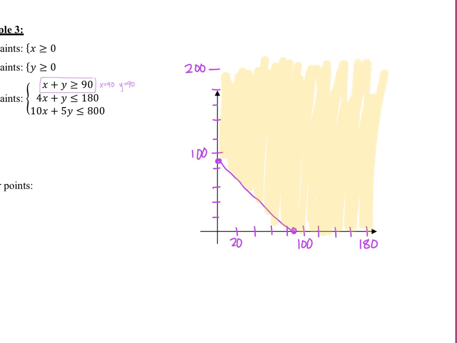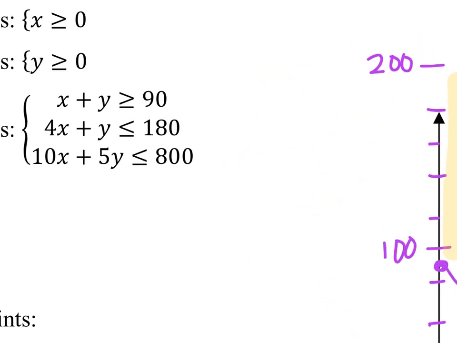Okay, the second equation. If we pretend like there are no y's, and so 4x equals 180, and we divide by 4, divide by 4, then we're going to get x equals 180 divided by 4.